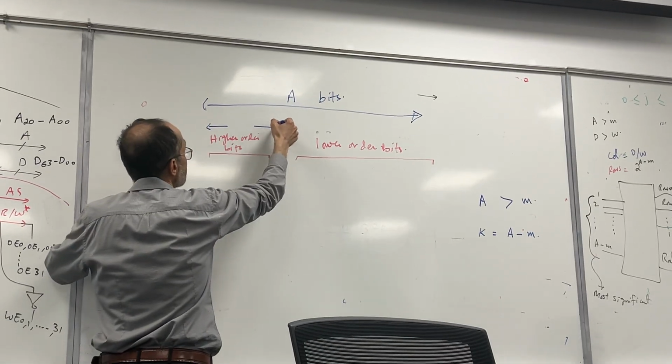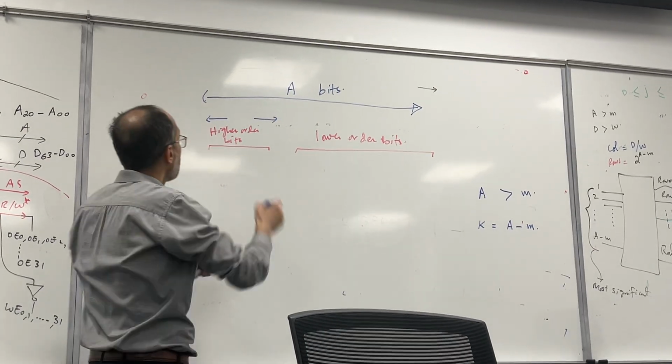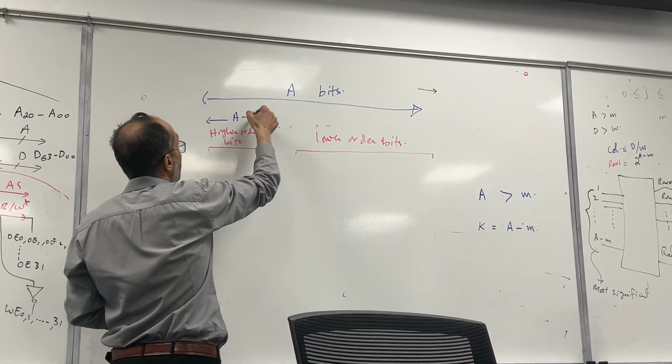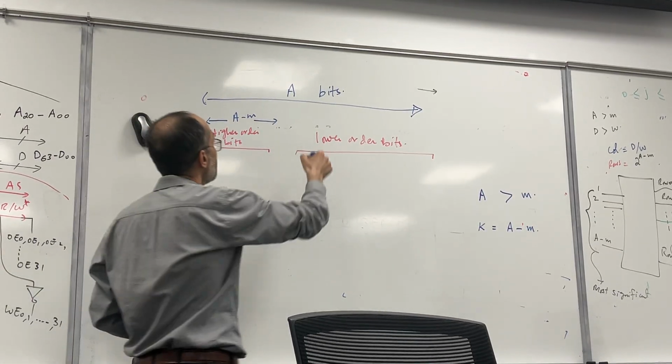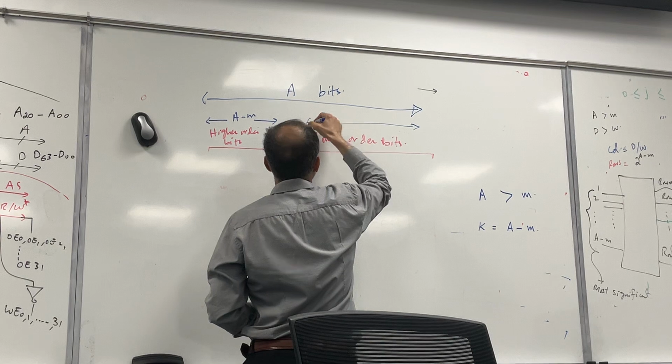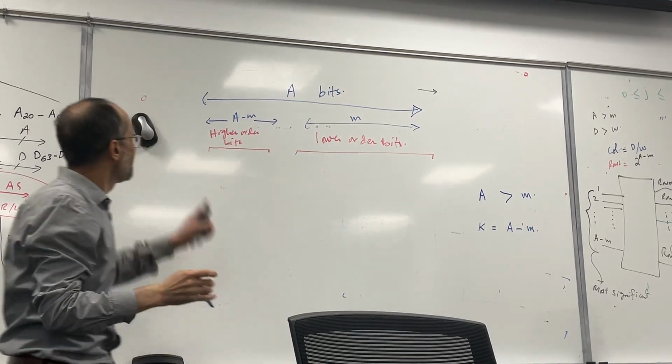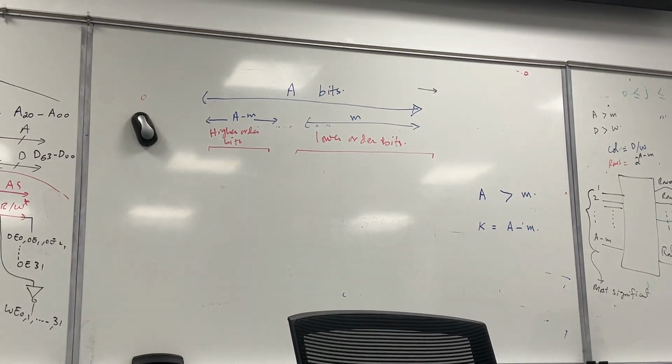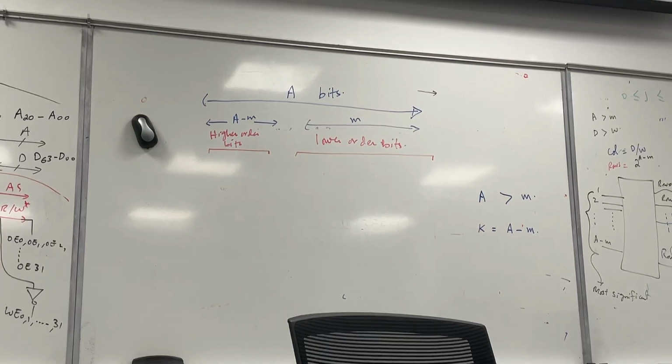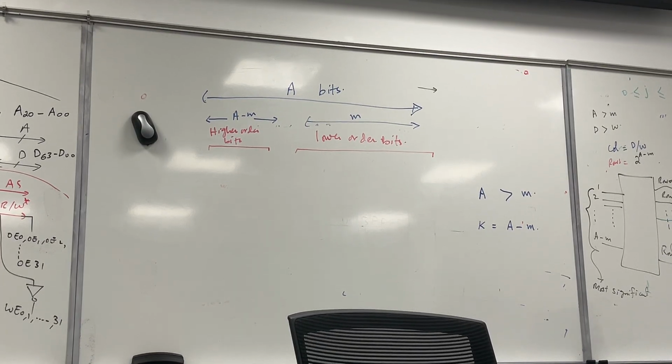So we can partition these bits into higher order bits. What are the higher order bits? A minus M. And what are the lower order bits? M. If we add these two, A minus M plus M, how many bits are there? A bits. I will explain this with another example.